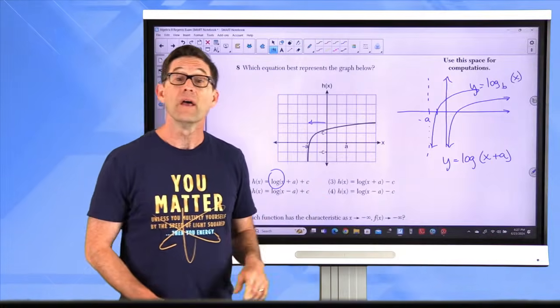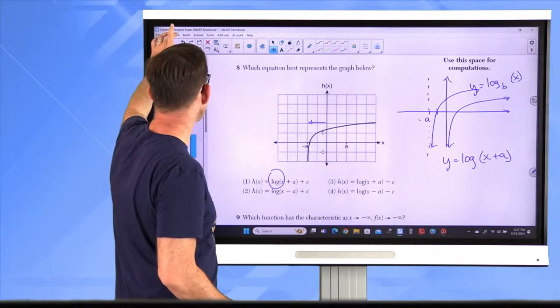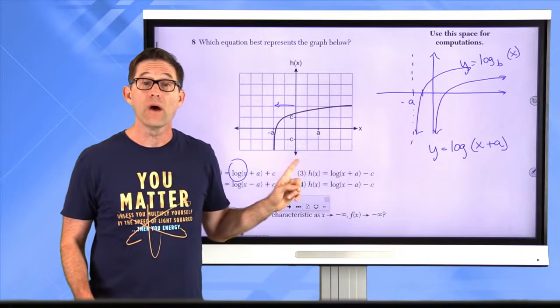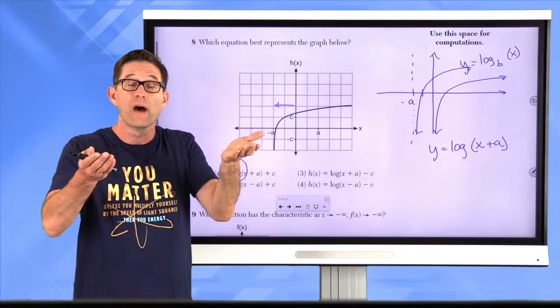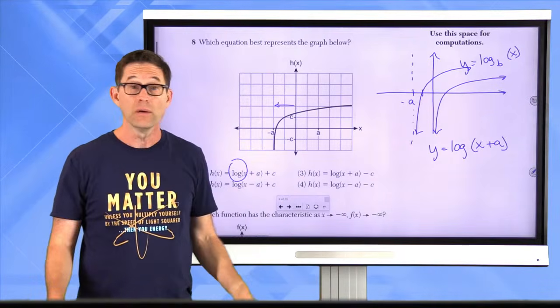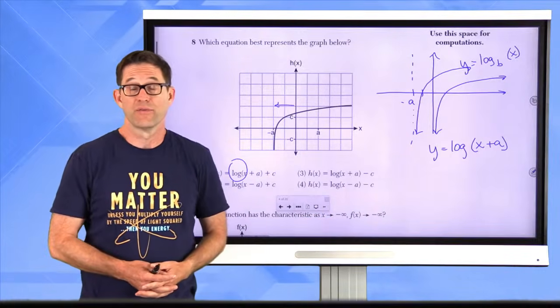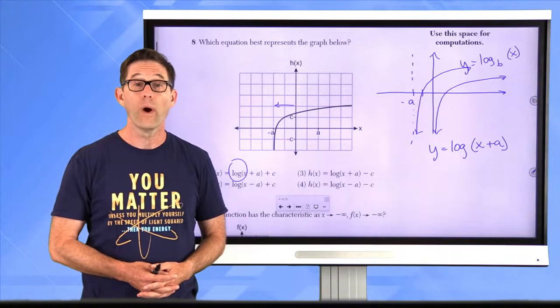And they didn't do that. So really, this particular problem, they want you to say choice 1, but there's absolutely no way to know whether this has been shifted vertically up, shifted vertically down, or C could just be 0. I could have not shifted this up or down whatsoever.